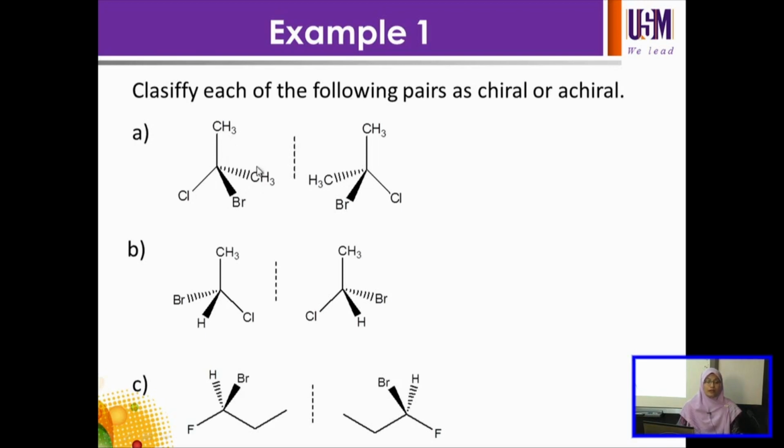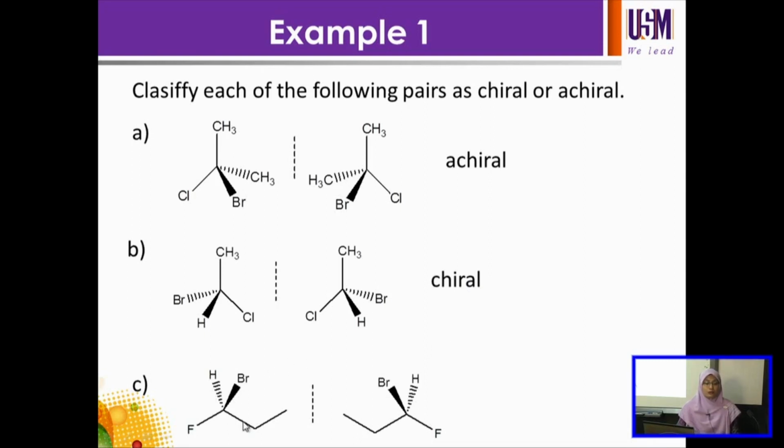So we only have 3 different groups here. So this is achiral, because its mirror image can be superimposed. And then here we have 4 different groups: methyl group, chlorine, hydrogen, and bromine. So its mirror image is non-superimposable. So this is chiral.